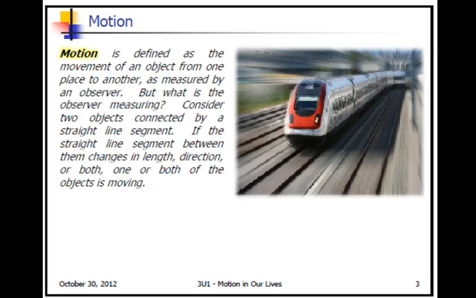As the train moves forward, you're also moving forward. So you are not moving relative to the train. Now, if your friend was sitting at the station and watching you leave on the train, the distance between you and your friend would increase. So because that distance is changing, we can determine that motion is occurring.